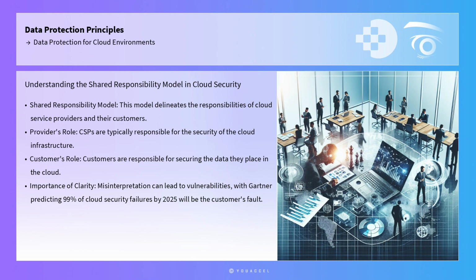This distinction is crucial. Misinterpretation can lead to vulnerabilities. For instance, a study by Gartner predicted that by 2025, 99% of cloud security failures will be the customer's fault. This statistic underscores the need for organizations to clearly understand and manage their responsibilities within the cloud.